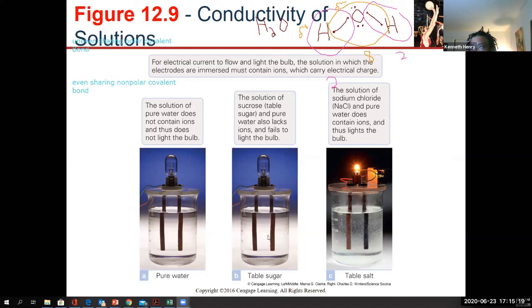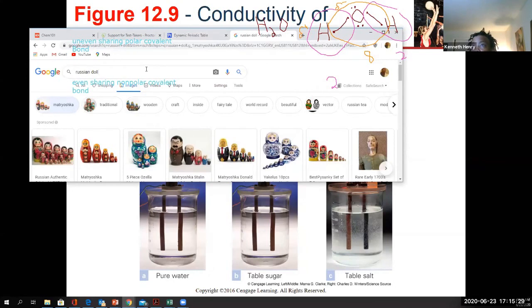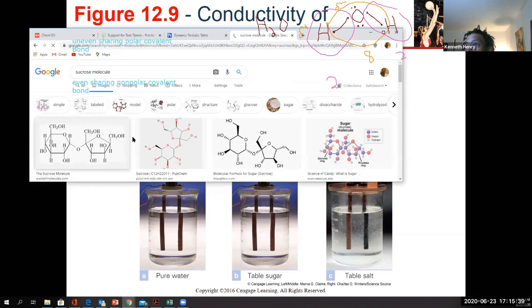Let me just pull it up so you guys can see it. Do you guys see it on the screen?